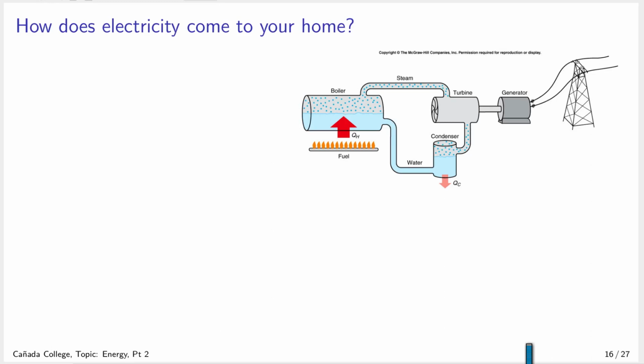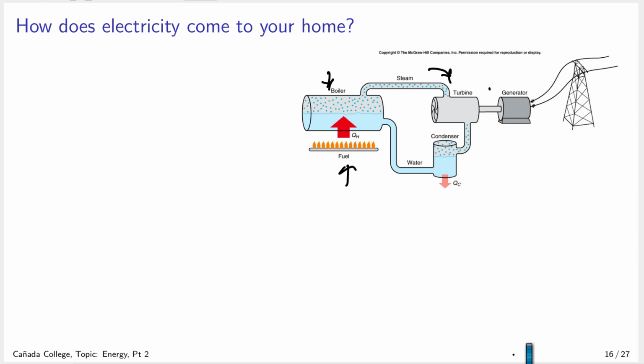Now, to think a little bit more in the context of how the electricity comes to your home, let's think about what is known as a power plant. In this case, I'm showing you a power plant in which coal or fuel is being used to heat up water in a large boiler, and you heat it up so that you create steam, which is water vapor, and this steam is run at high pressure through a fan or a turbine that rotates at high speed.